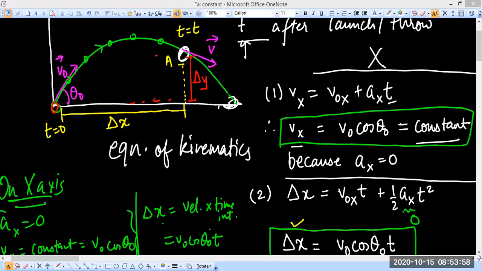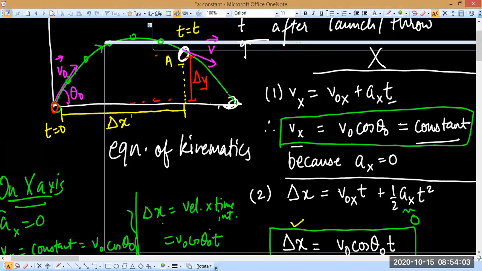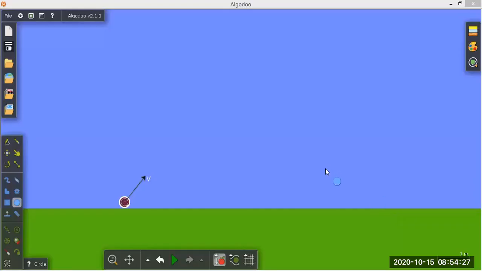I was going to show something else also, about 3D vectors. Okay, share screen, how to do that. All right, can you all see something on the screen now?